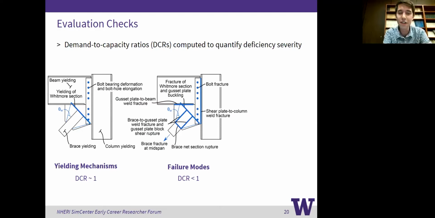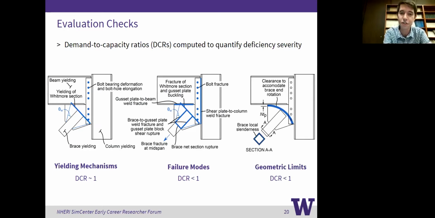On the other hand, we have failure modes, and there's a ton of these that could occur in any given brace frame. We really want the DCRs to be much less than 1 in order to feel good about their presence in the frame. These are things like net section rupture of the brace, bolt fracture if we have a bolted connection, weld fracture with welded connections, and even fracture or block shear rupture of the gusset plates.